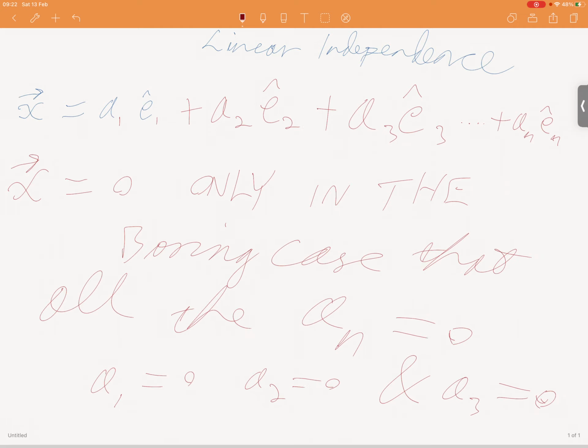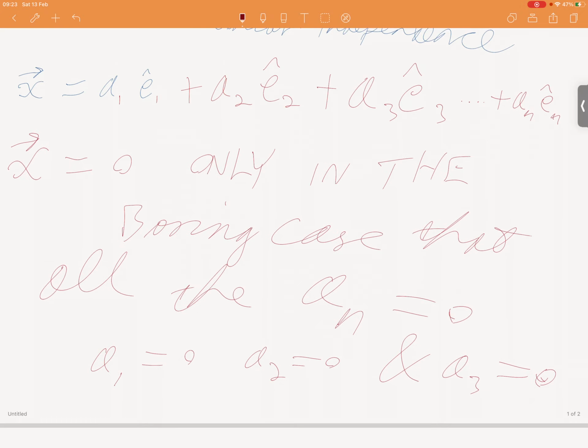It has to be satisfied for all of them. I mean all of them. It has to be a very obvious and boring case. But why does this have to be true in order for us to call a vector linearly independent? And the answer is actually very simple.